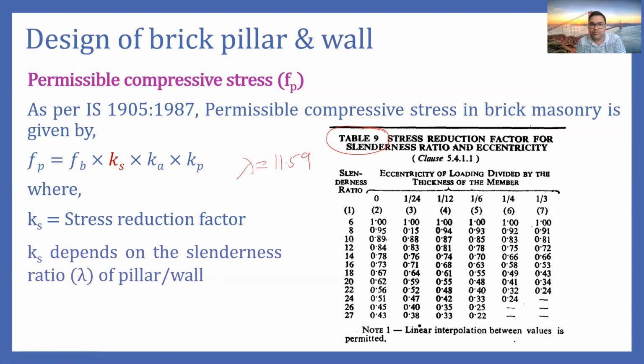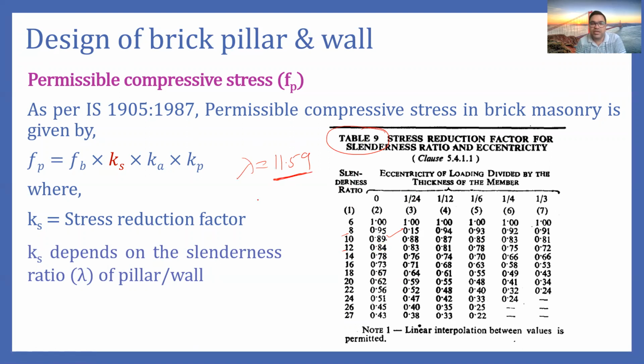You can see 11.59 lies between 10 and 12. Corresponding to 10, the value of Ks is 0.89, and corresponding to 12, it is 0.84. It means the Ks value for 11.59 will be between 0.89 and 0.84.